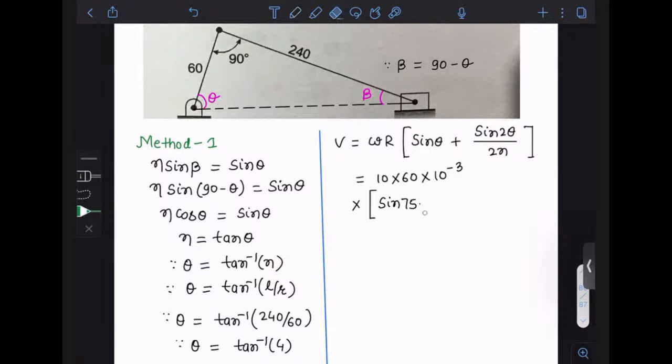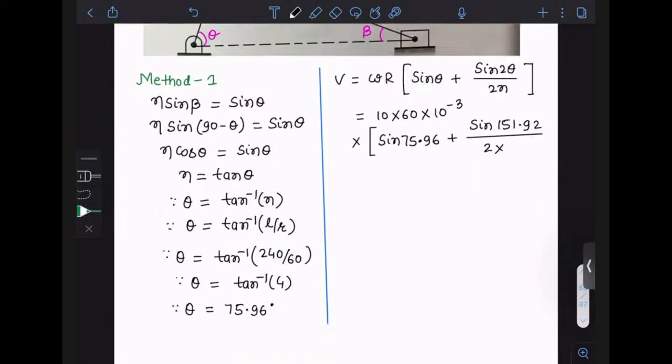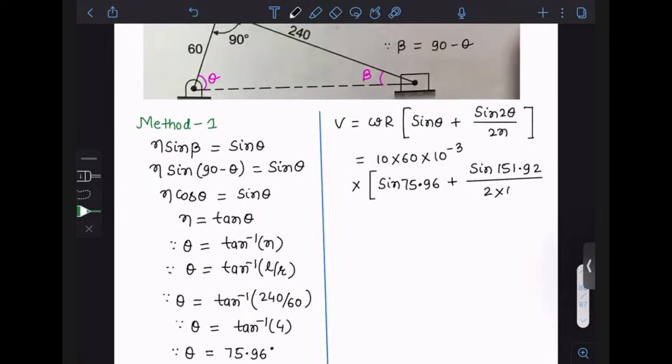Plus sine of 75.96 into 2, that is 151.92, divided by 2 into n. n is your 4.